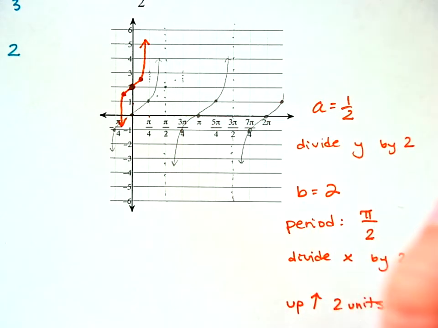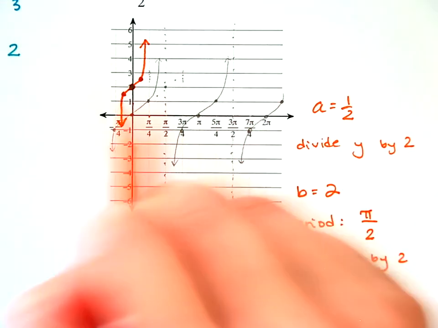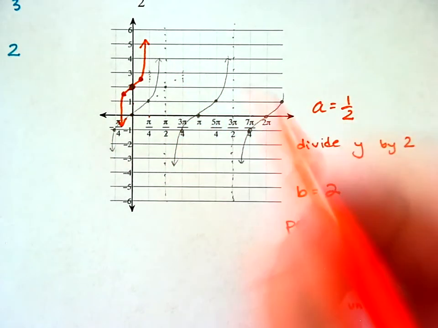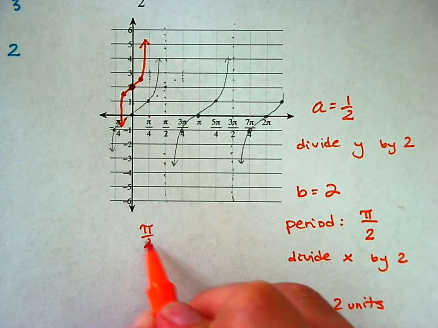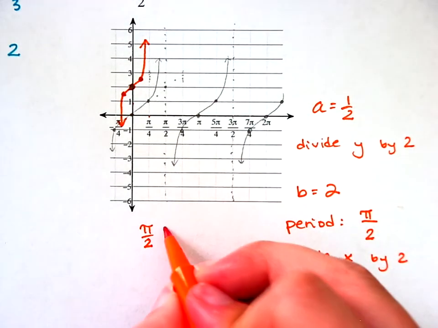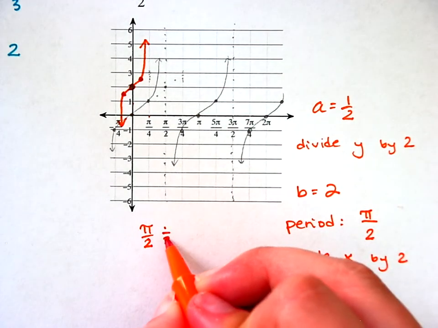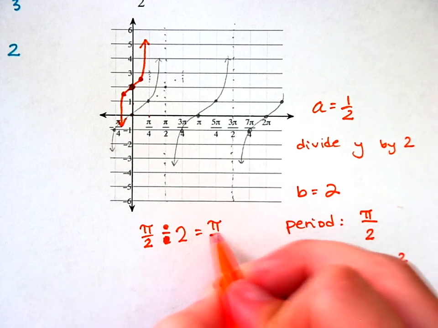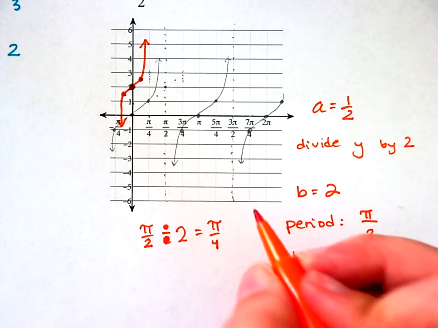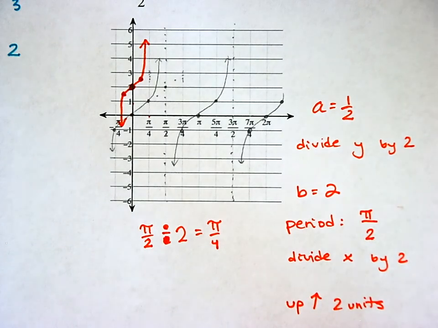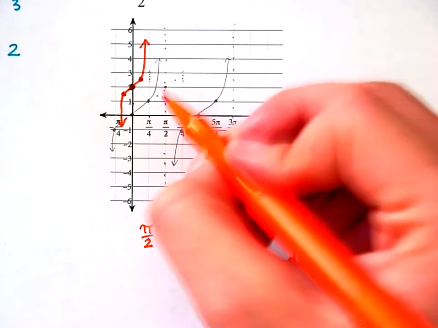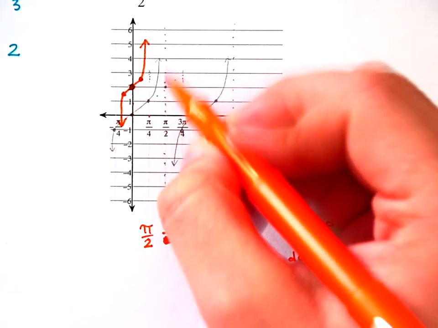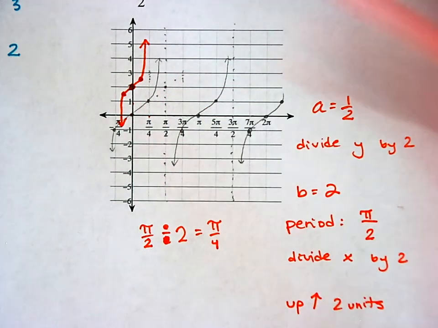Okay. Again, our asymptote is going to change, right? Because we have stretched or compressed horizontally. So this asymptote used to be pi over 2. That's our x value, so we're going to divide by 2, and that's going to give me pi over 4. Okay, so instead of having an asymptote at pi over 2, it's going to be at pi over 4.